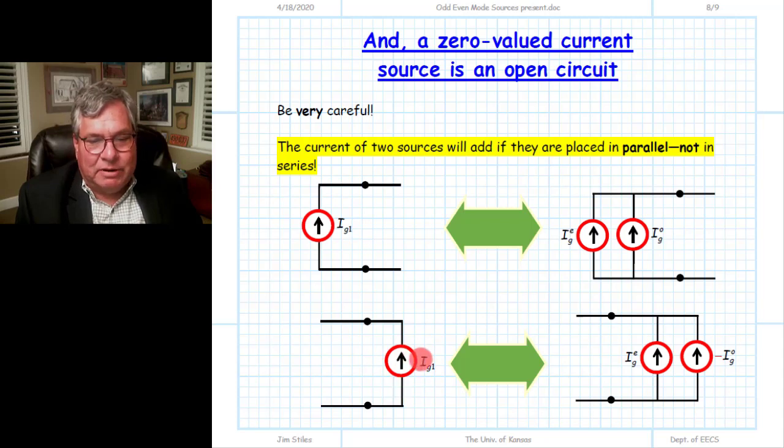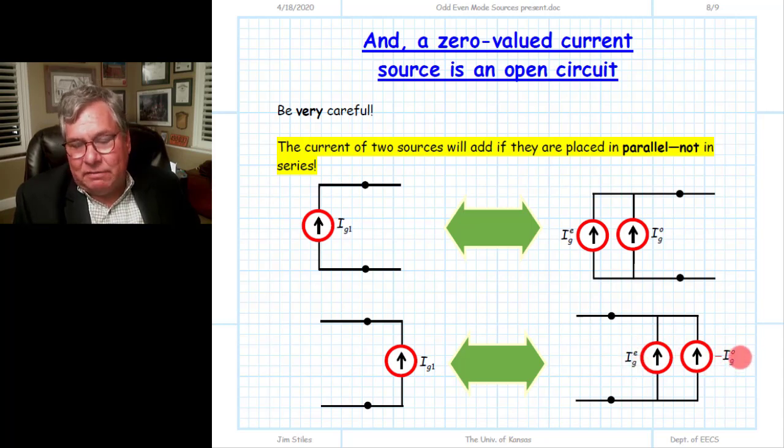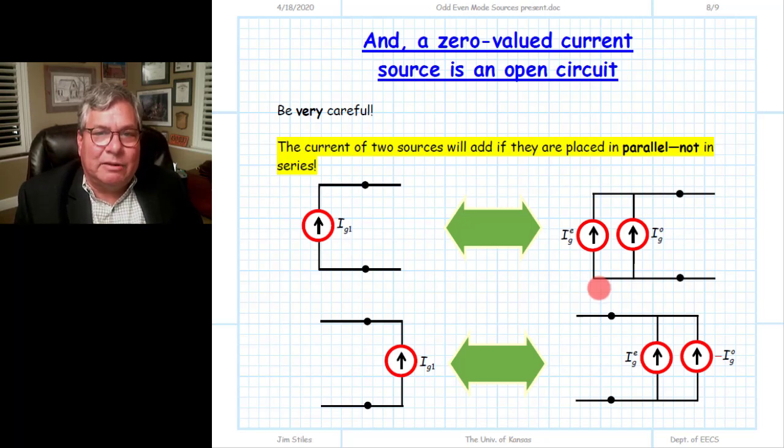Likewise for the right side current source, that is the difference between the even mode current and the odd mode current. By KCL, that is this minus the odd mode current, or this plus the negative of the odd mode current. So make sure that you put your current sources in parallel when you apply even and odd mode sources, and likewise for voltage sources, there you put your even and odd sources in series with each other.